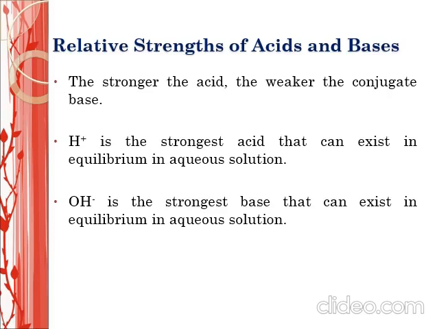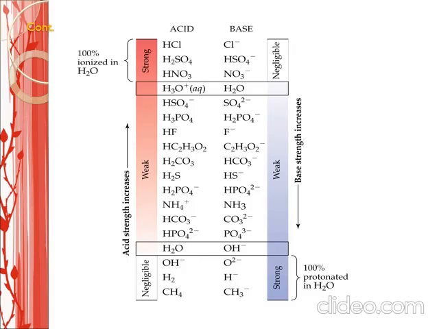Okay, next we move on to the relative strength of acid and base. The stronger the acid, the weaker the conjugate base. H plus is the strongest acid that can exist, whereas hydroxide is the strongest base that can exist in equilibrium. So this table here shows the relative strength of acid and base.